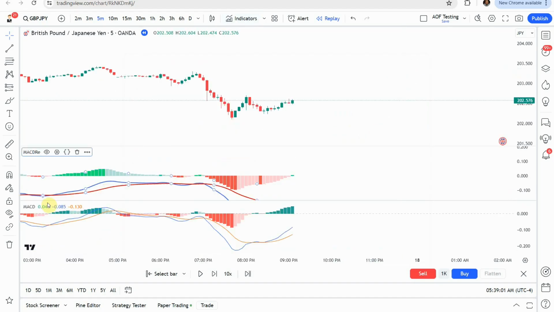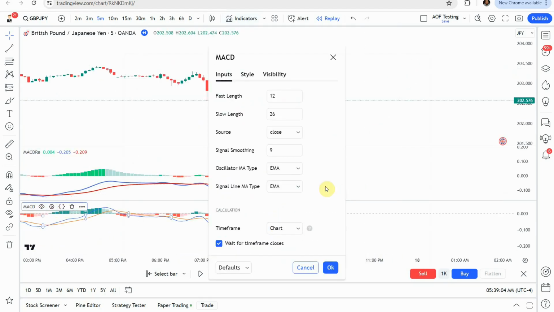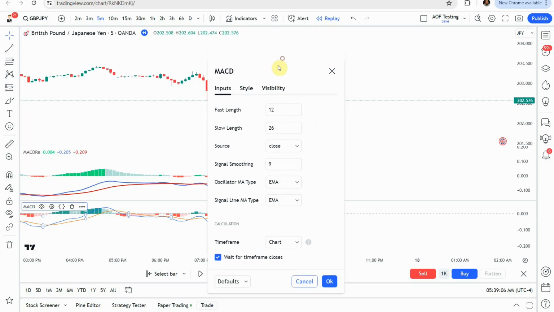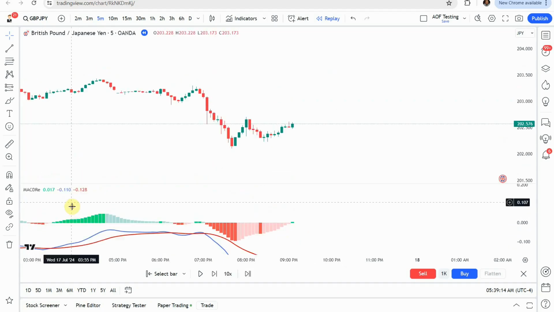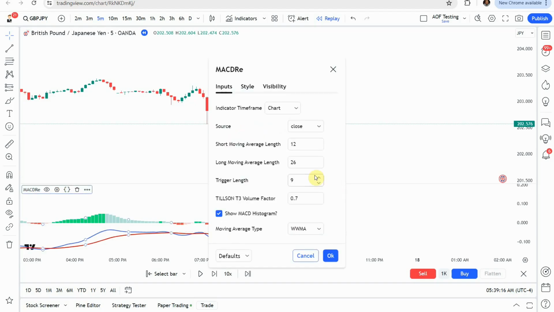Add that and jump into the settings. You can see that here it gives you EMA or SMA as your moving average options. And with the new MACD indicator, the moving average types, it has a greater selection of different moving averages that you can use.